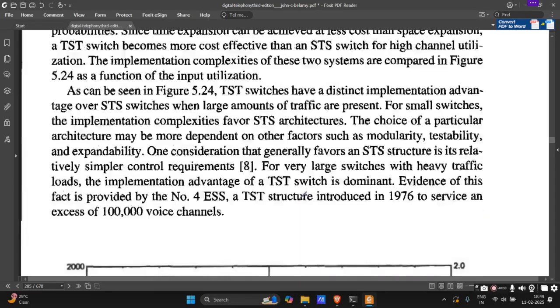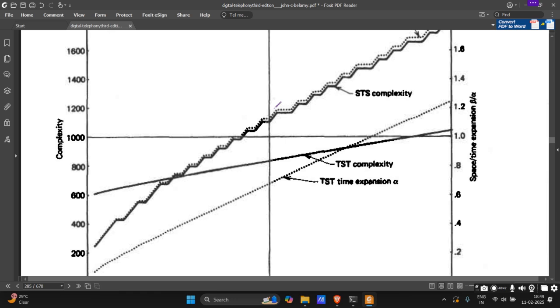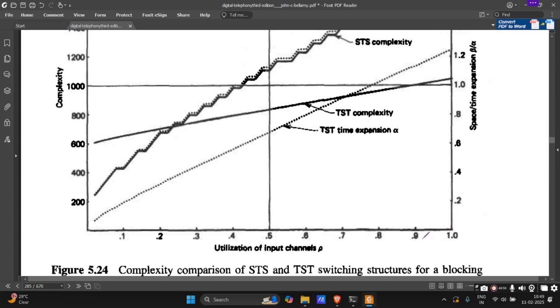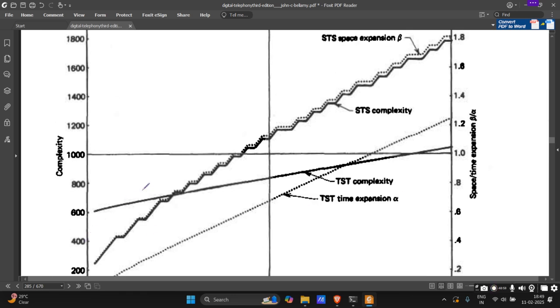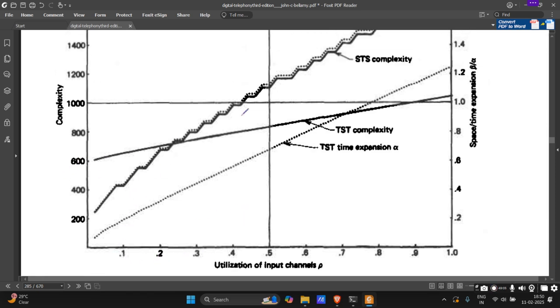So it has been seen that for STS and TST, this zigzag line is the STS complexity curve, and this straight line is the TST complexity curve. As you can see, the STS complexity curve increases with the utilization of input channels, that is the traffic. As the traffic load increases, STS complexity increases linearly. But as traffic increases, the TST complexity remains mostly constant.